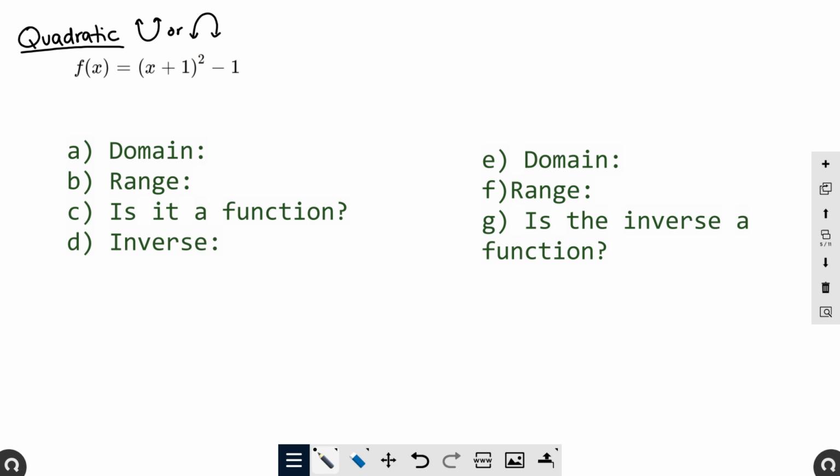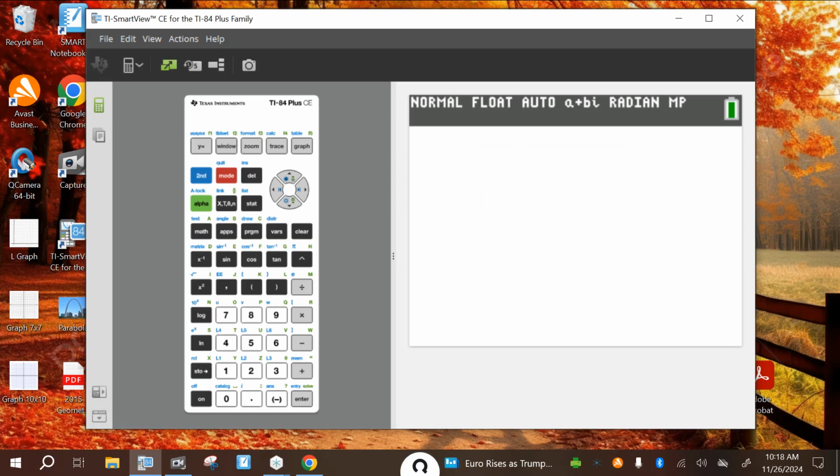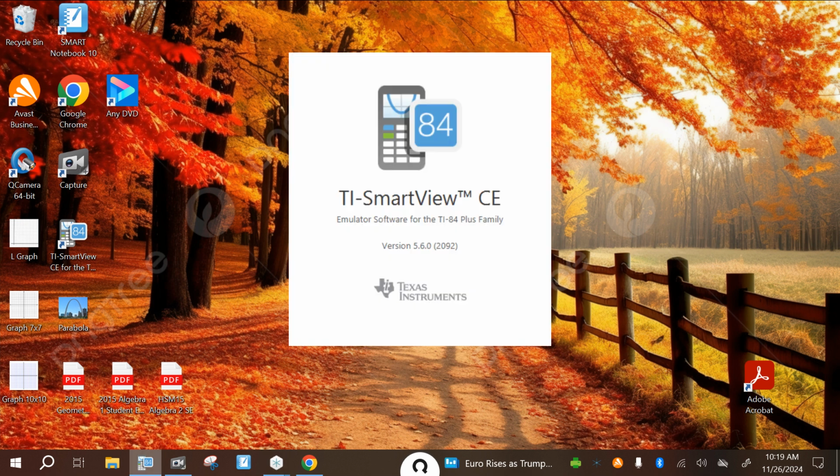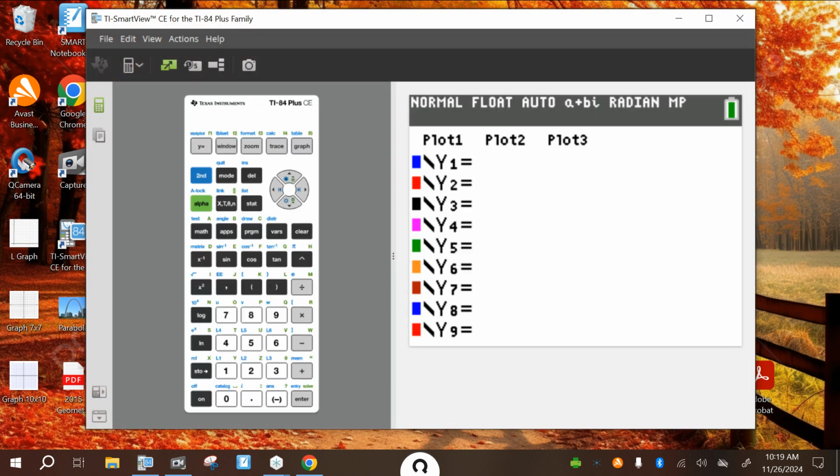So you could actually state out what your vertex is from this problem. But if you're not sure, you can always look at your graph. So go to y equals, mine has frozen, and type in this equation. So everybody grab those calculators out. Go to y equals, type in this equation.